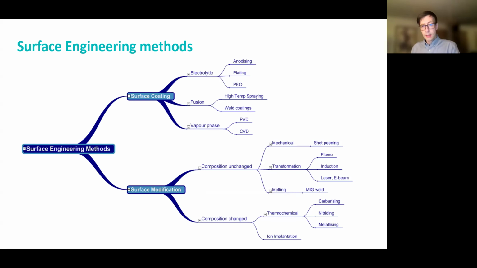So this is the typical diagram that I would show my students during the surface engineering lecture, just summarizing all surface engineering methods that I want to teach them. Of course, you don't need to look at any of them, and you don't need to read through that. The purpose of that slide is just to show you that there is a very wide selection of different surface modification or surface coating methods.